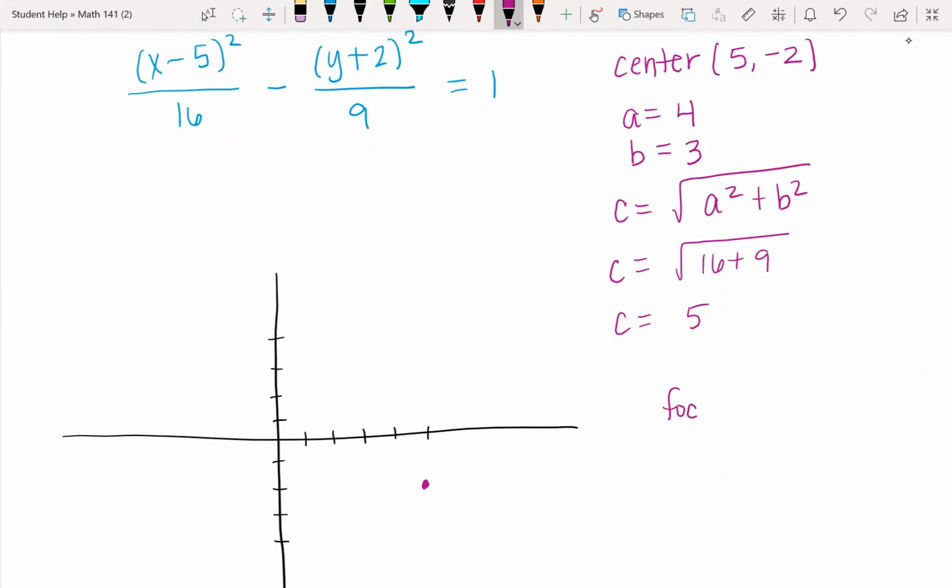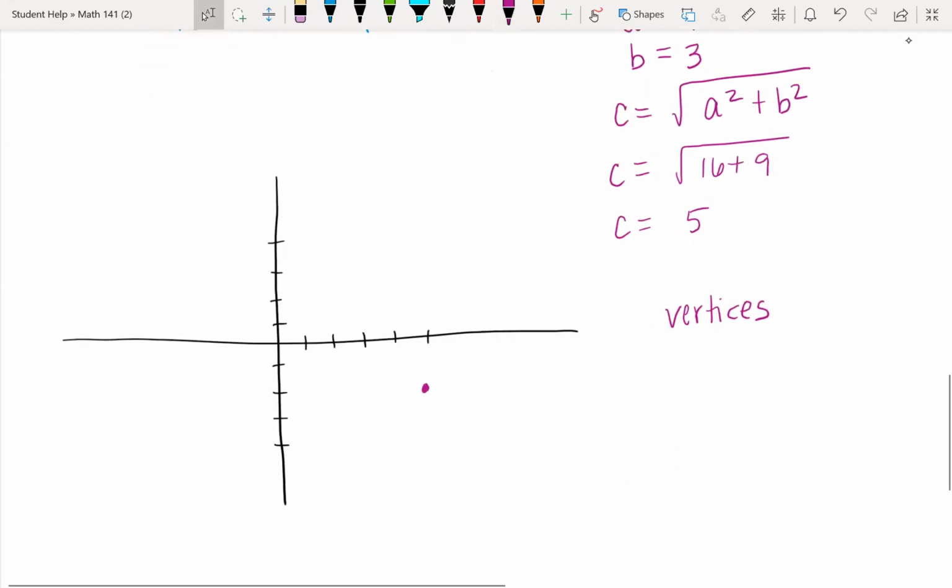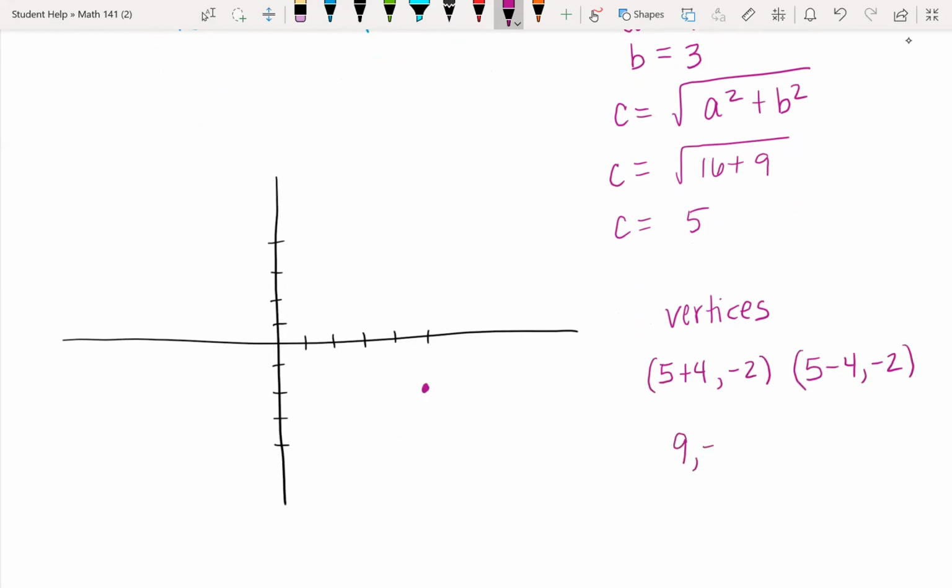So our vertices are going to be, well, we're going to go 5 plus 4, -2, and also 5 minus 4, -2, right? Going to the right and to the left. So 9, -2, and 1, -2.